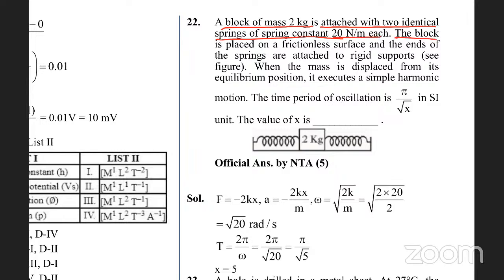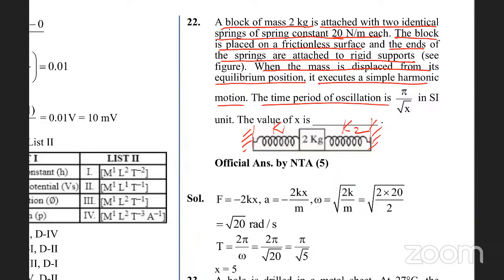The block is placed on a frictionless surface and the ends of the springs are attached to the rigid supports. Here it is K, it is K. Of course, K1, K2 is there. If the mass is displaced from its equilibrium position, it executes simple harmonic motion, the time period of oscillation.